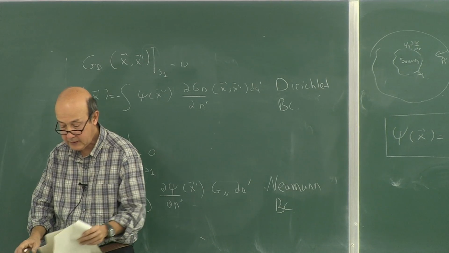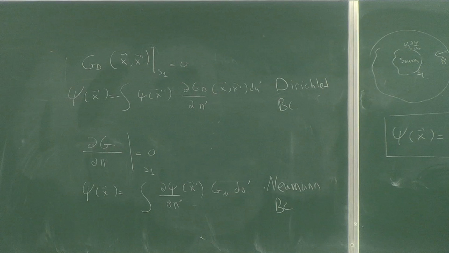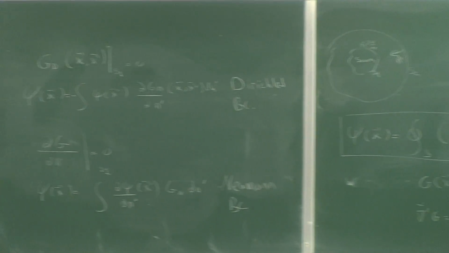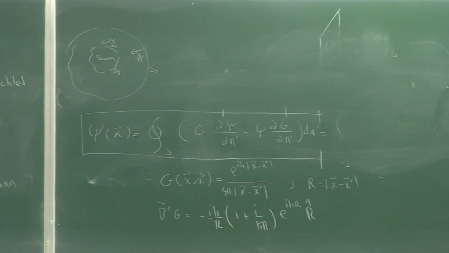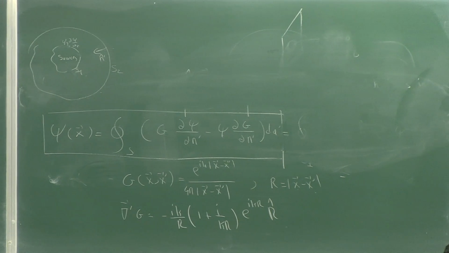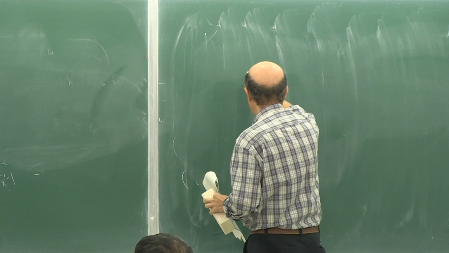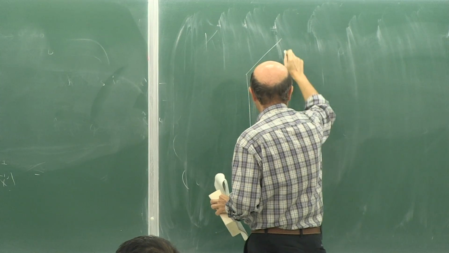So the practical example could be the following. Think about the diffraction from an infinite plane with a circular hole or aperture. So we are going to start at a practical diffraction.